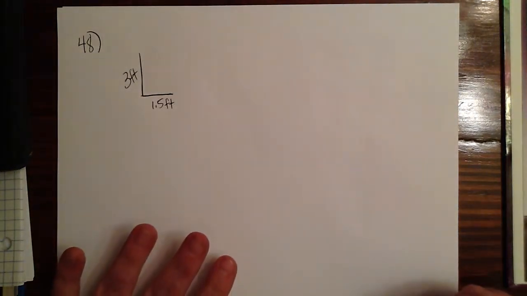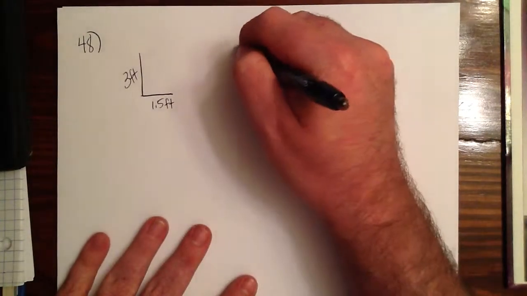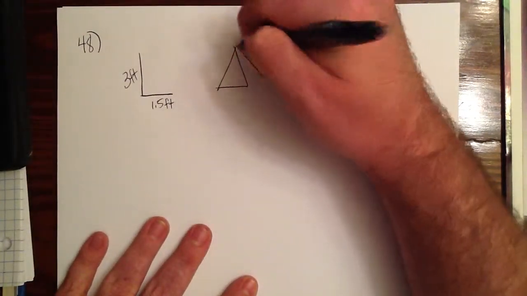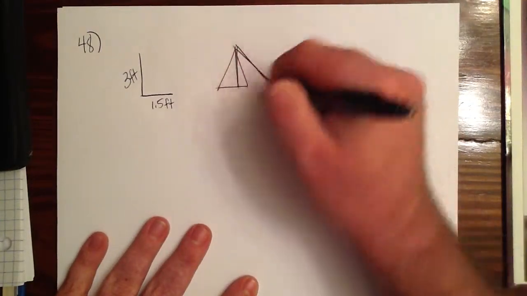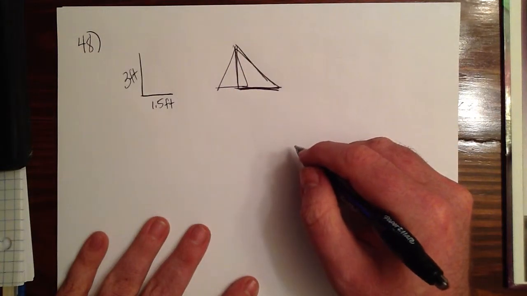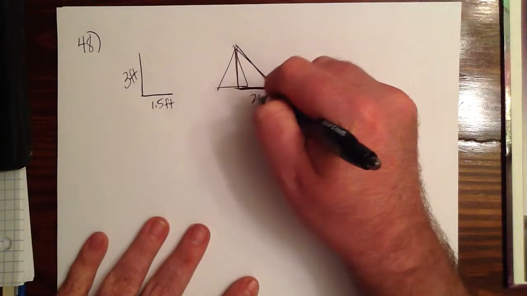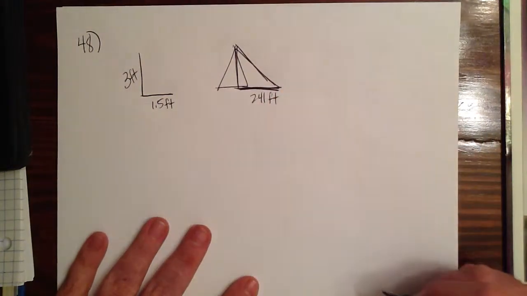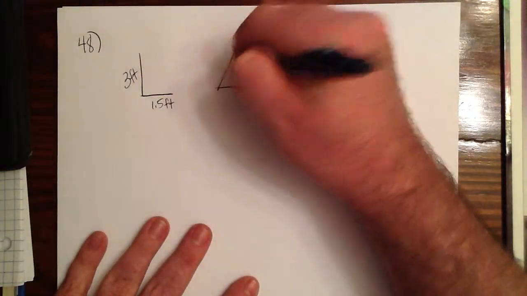At the same time, the pyramid casts a shadow. The pyramid shadow is 241 feet long. How tall is the pyramid?